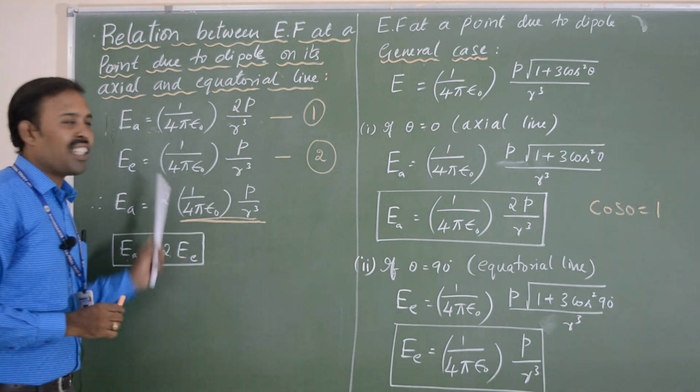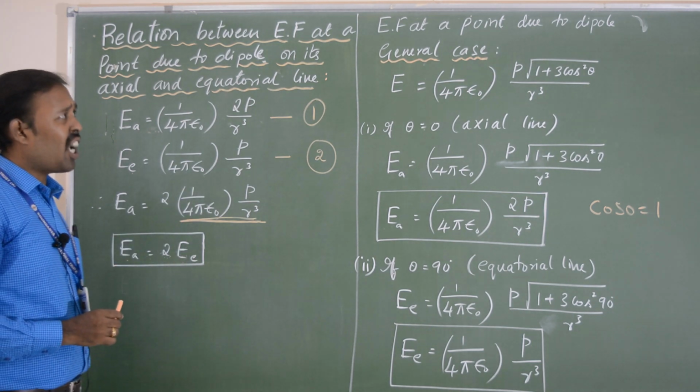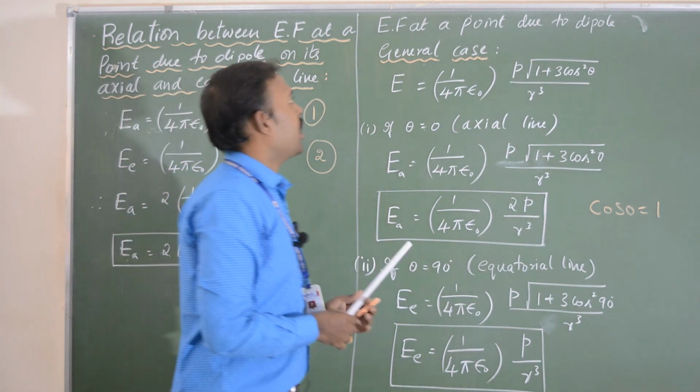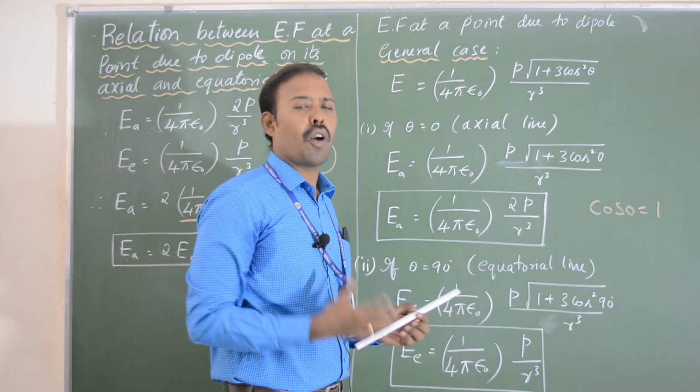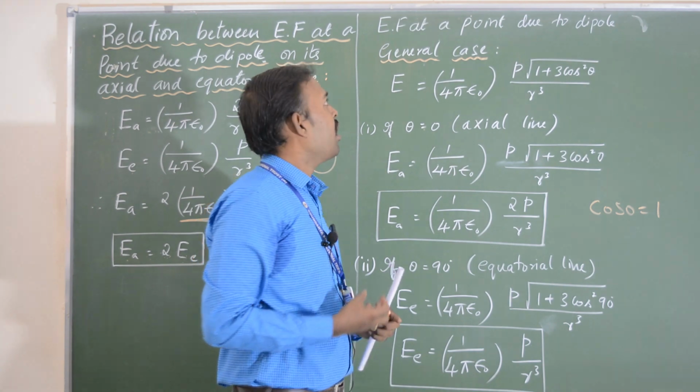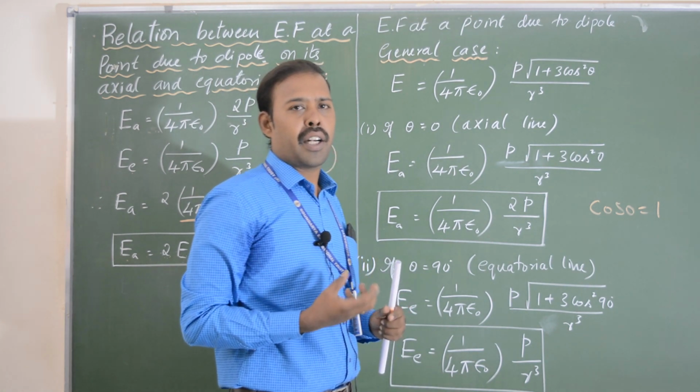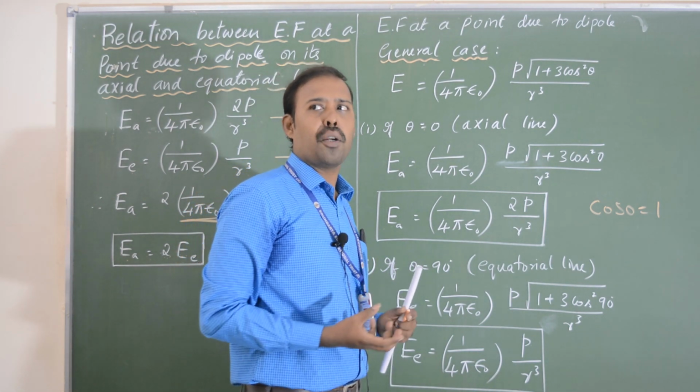Now we move on to the electric field at a point due to a dipole at any point. If I want to find the electric field at any point, we can use a general case.